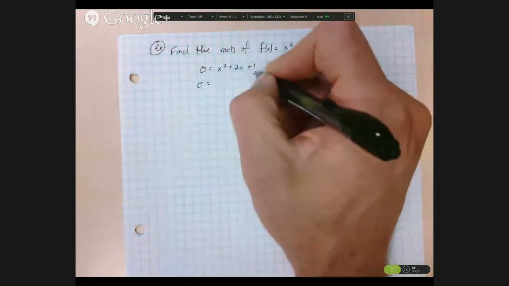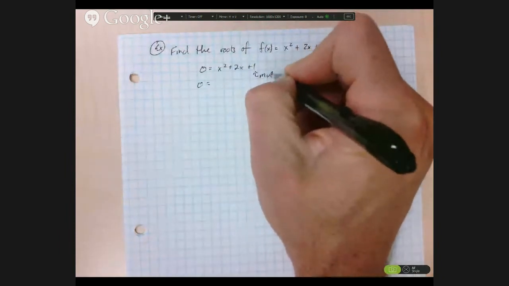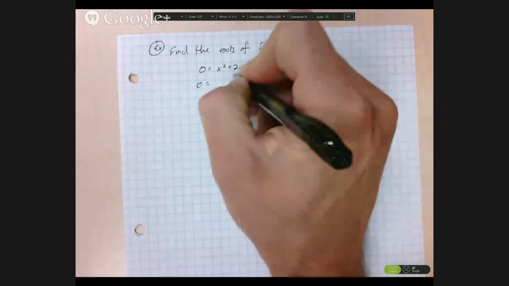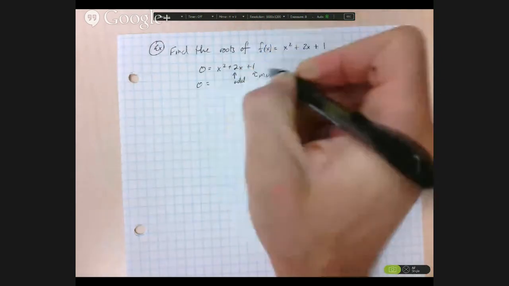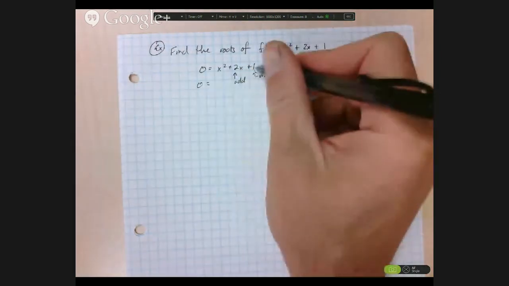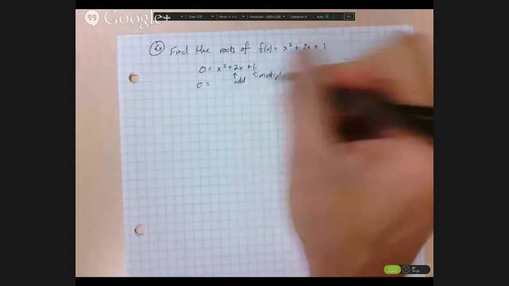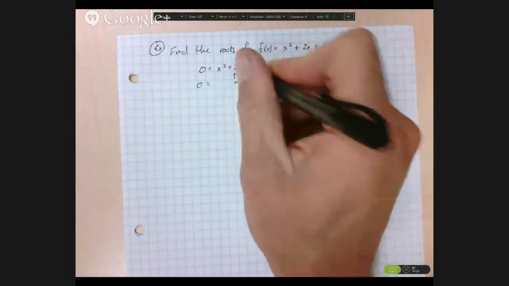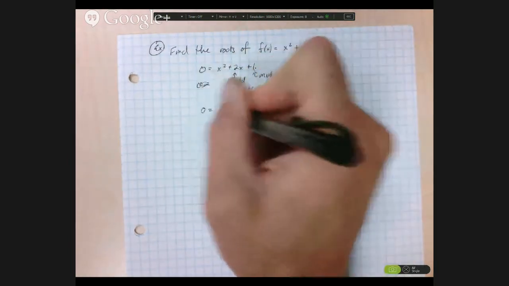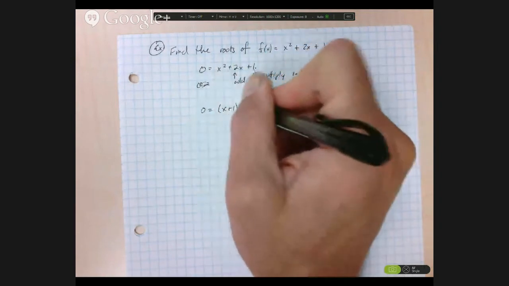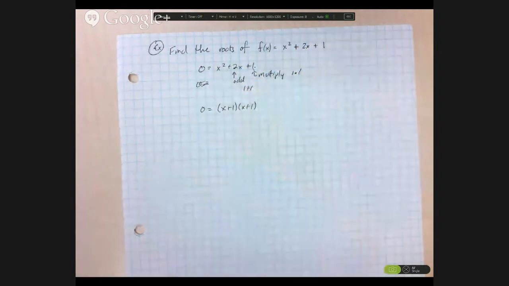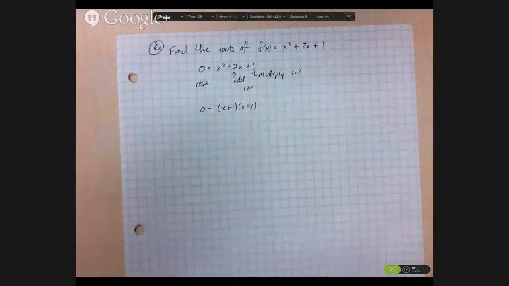Remember, we need to multiply to get that and add up to get that. So 1 times 1 is 1, and 1 plus 1 is 2. Then we split it.